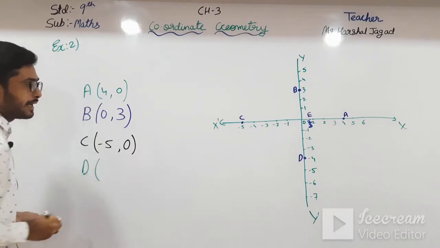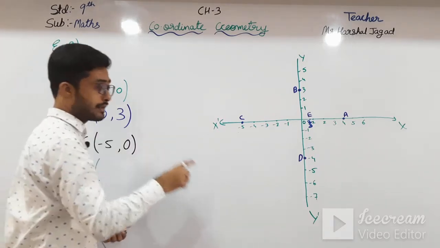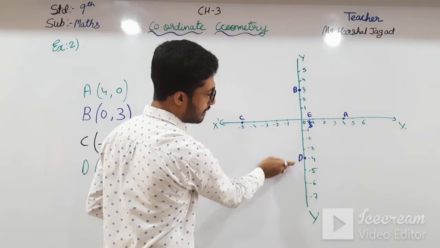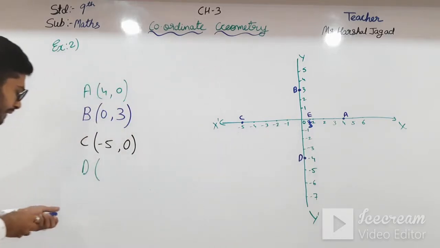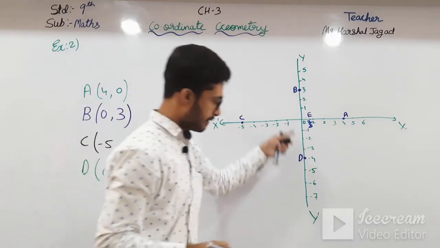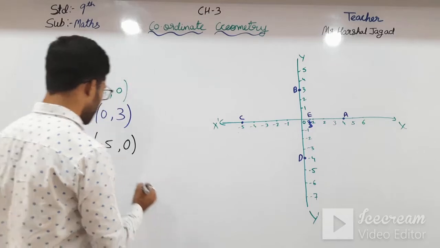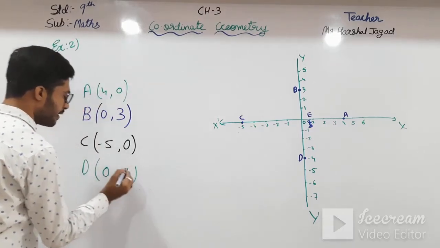How can we write D? First of all, write it by yourself, students. See here, for D you can say that the x coordinate is 0 and the y coordinate is -4. So here it will be -4.